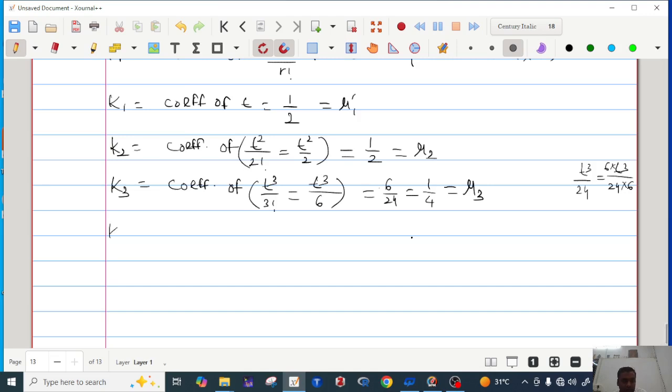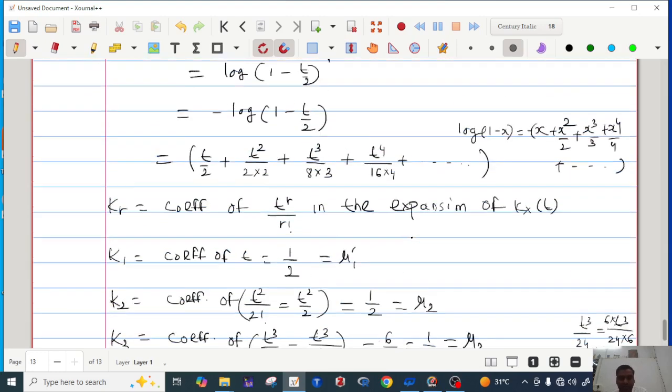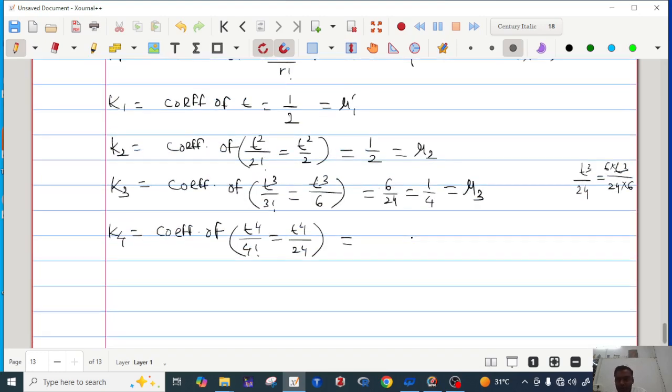Now k4 is the coefficient of t raised to 4 upon 4 factorial, which means 24. Here we have t raised to 4 upon 64.